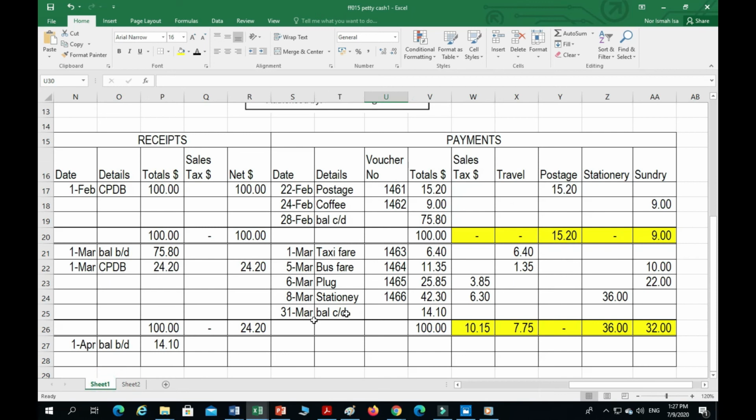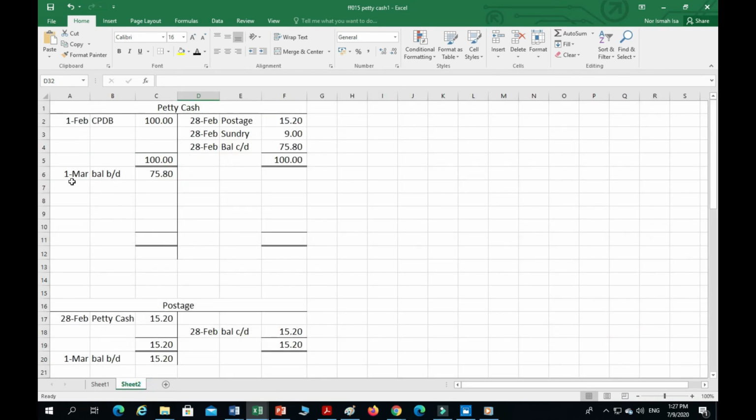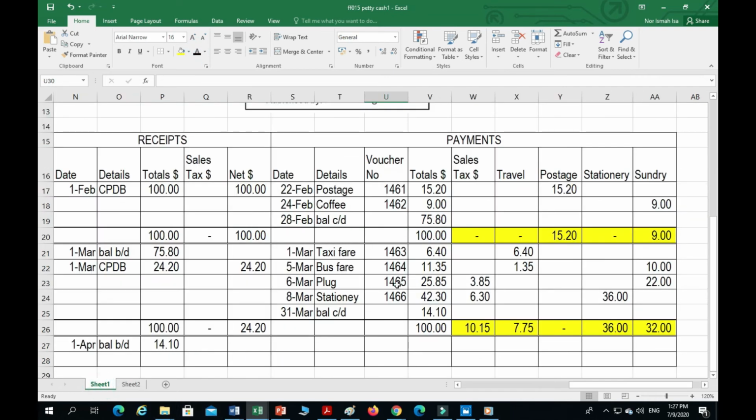Now we go to the transactions that were recorded for March. Same for the petty cash, we have another reimbursement amount that comes from the cash payment day book. So we record again the reimbursement amount, and we post the total for each column: sales tax, travel, postage, stationery, and sundry, and the total amount here.